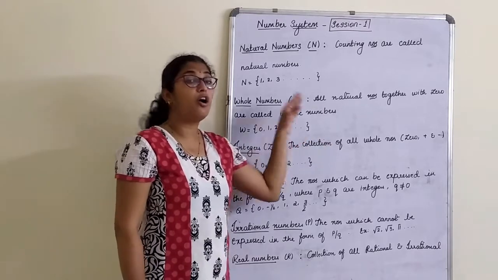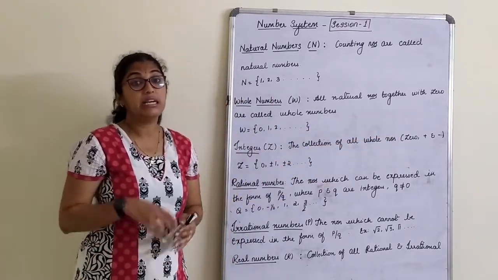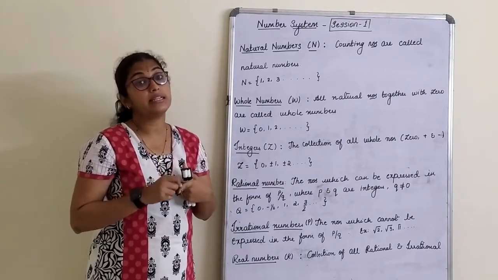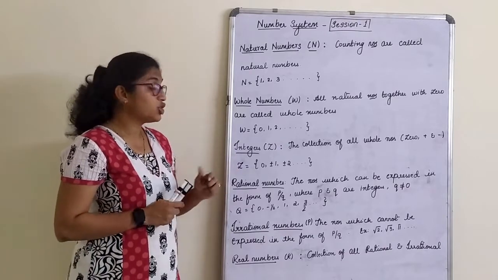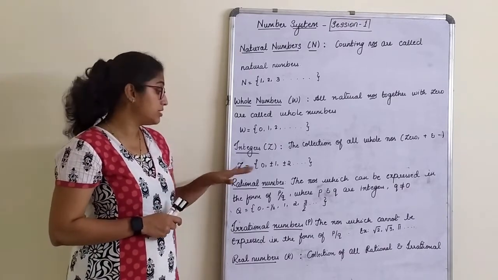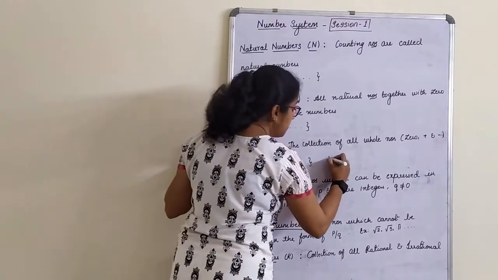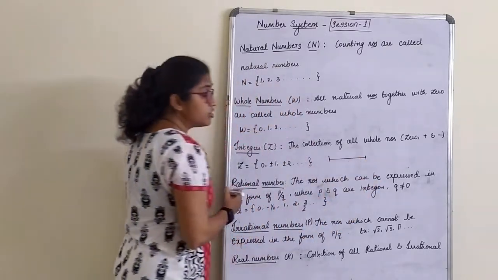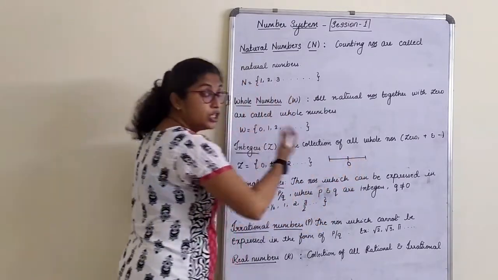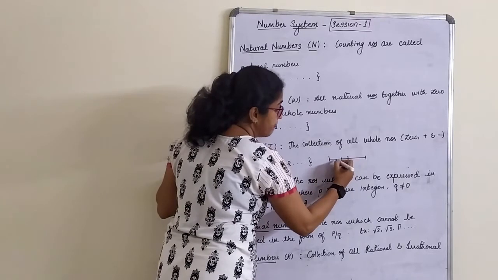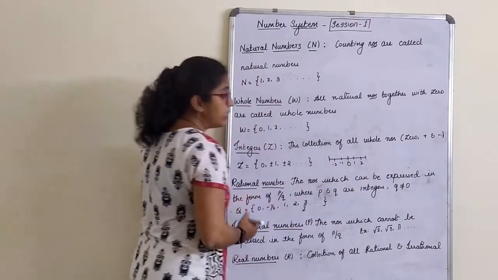Integers: the collection of all whole numbers, 0, plus and minus. That is, it includes 0, positive numbers as well as negative numbers. Such numbers are called integers, denoted by letter Z. You might have studied locating integers or rational numbers on a number line. We locate 0, to our left hand side we have -1, -2, to our right hand side we have +1, +2.